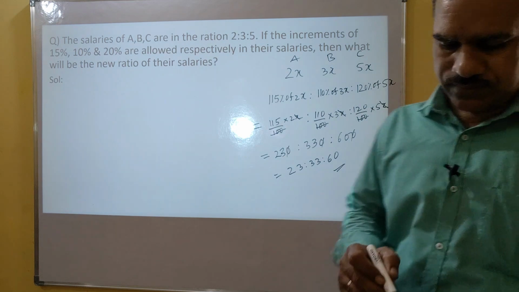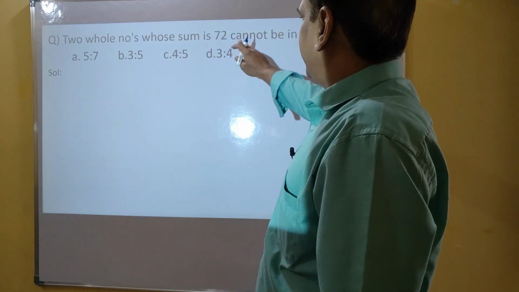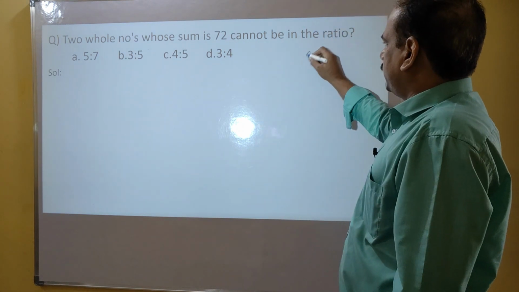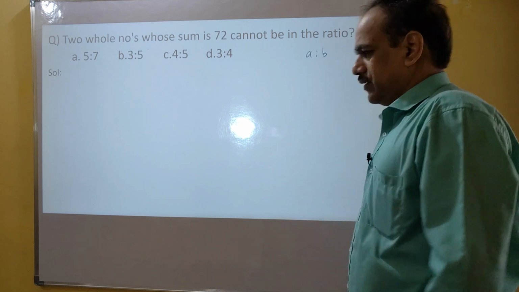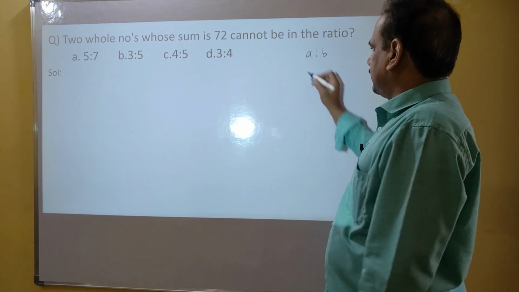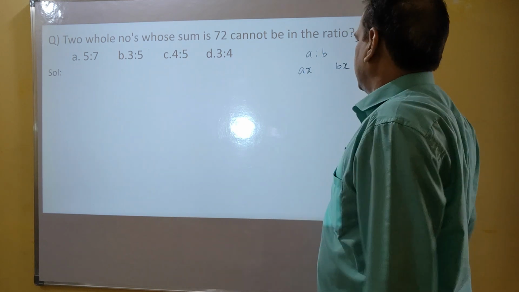The two whole numbers whose sum is 72 cannot be in the ratio. Suppose the ratio required is A is to B. Then the two whole numbers must be AX and BX for some x.